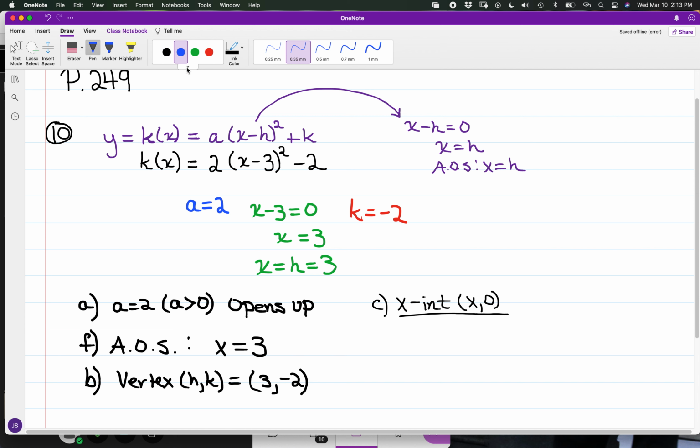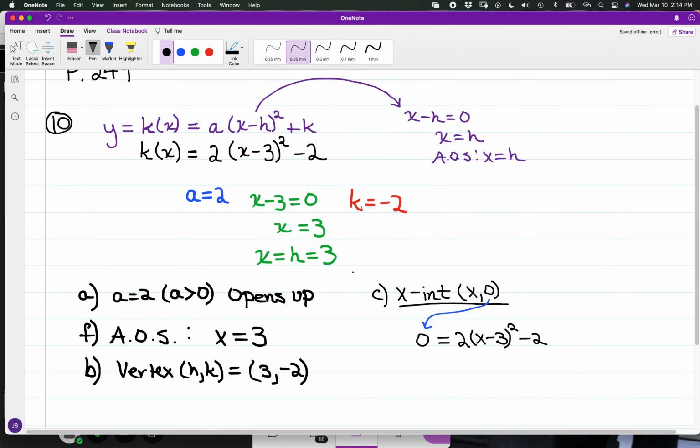So we have 2 times the square of x minus 3, minus 2. Now I could square out x minus 3 and set up a trinomial and use factoring or the quadratic formula to solve for x.